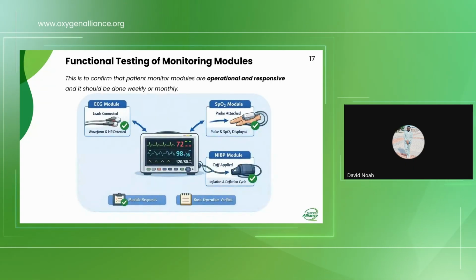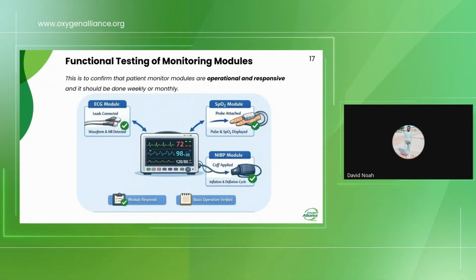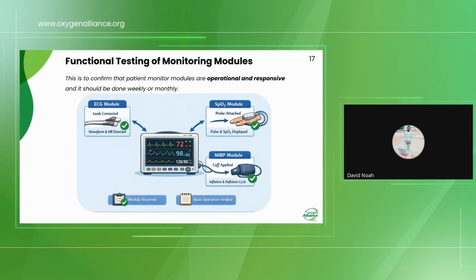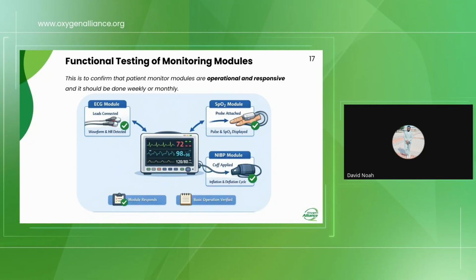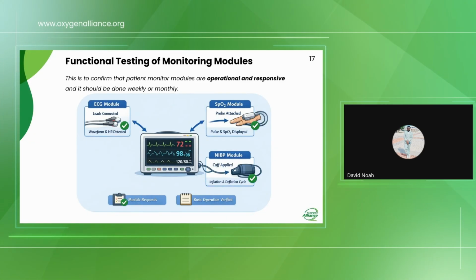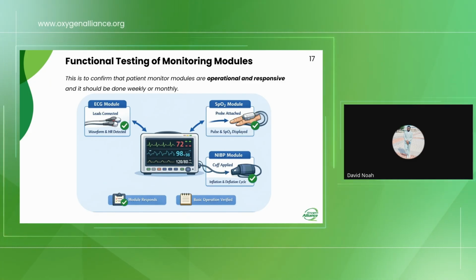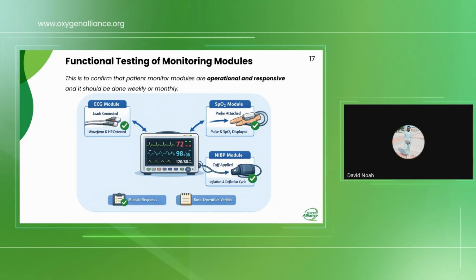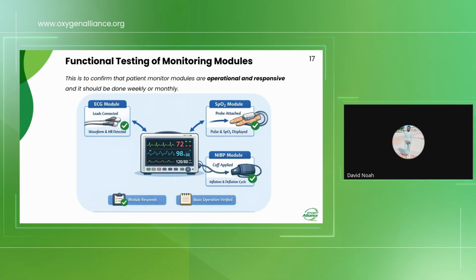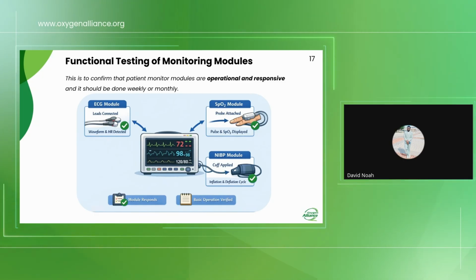So moving on, another important aspect of preventive maintenance is functional testing of monitoring modules. Basically, this is performed to confirm that the patient monitor module is operational and responsive, and this should be done either weekly or monthly.